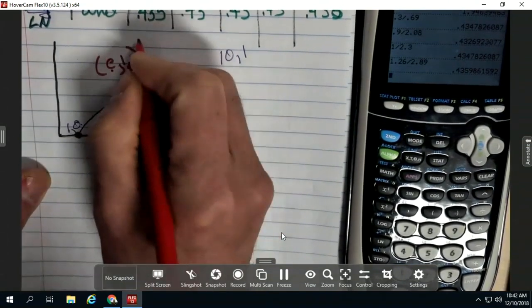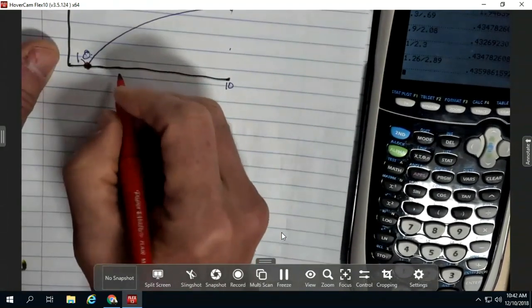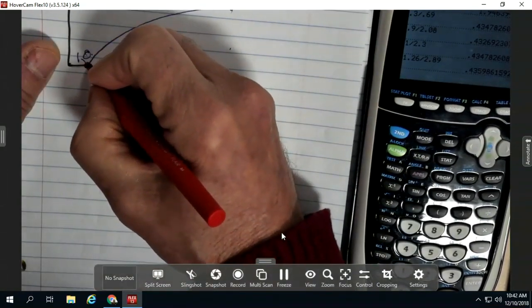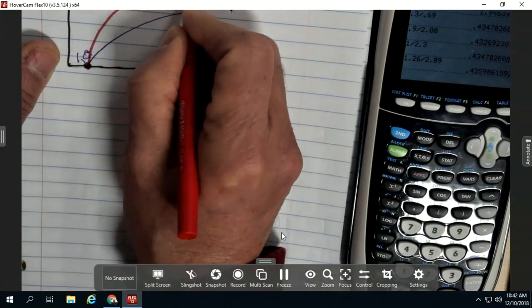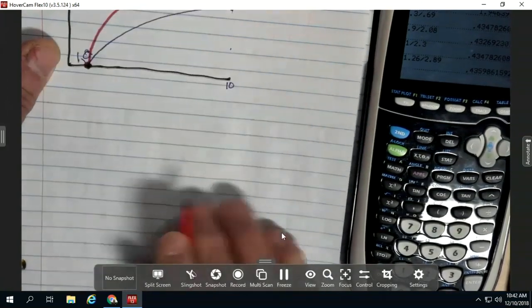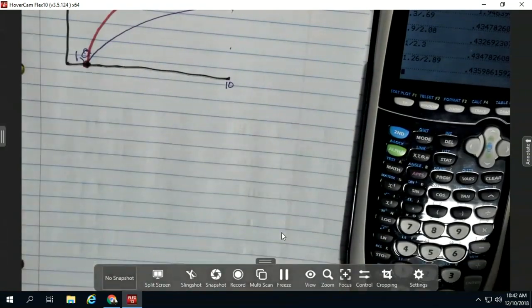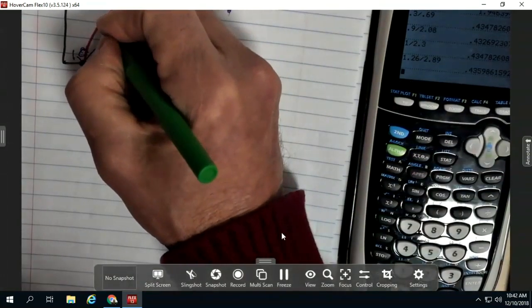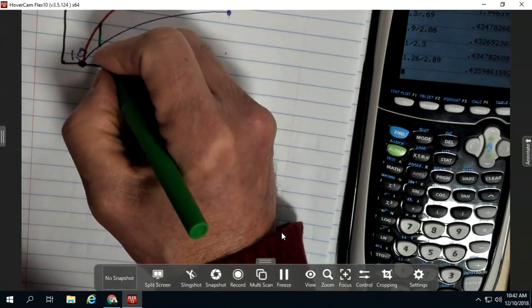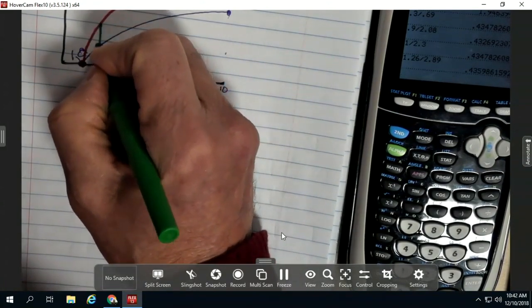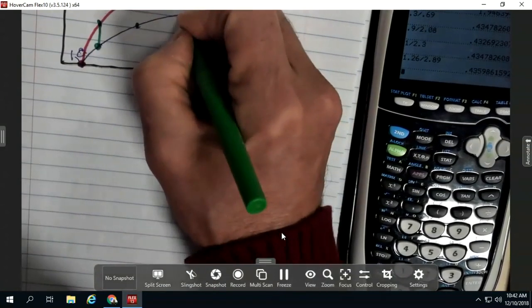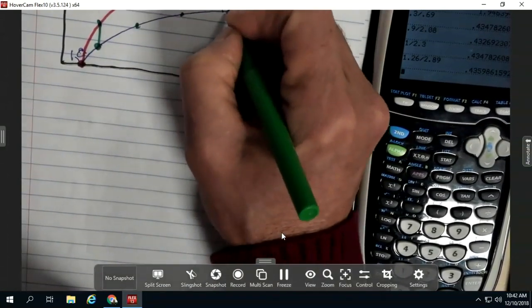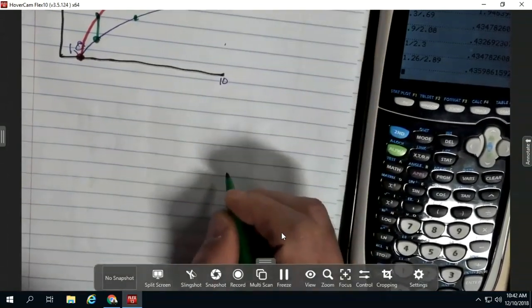Or about 2.8. So it's going to go like this. What's going to be true at every point? At every point along the way, if you take the bottom number divided by the top number, it's always 0.43. Now I don't have it actually drawn to scale, right?